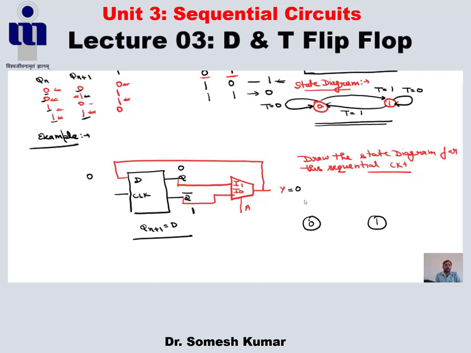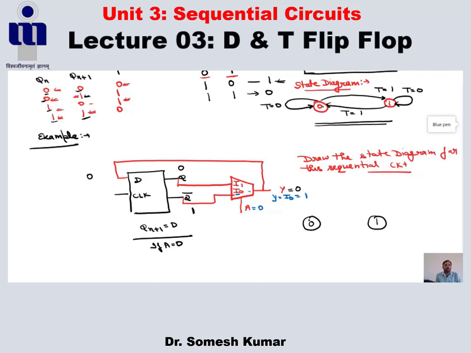If A is 0, what happens in the mux? If the select line is 0, then the first input, I0, is propagated to the output, so Y becomes I0 here, and I0 is 1.